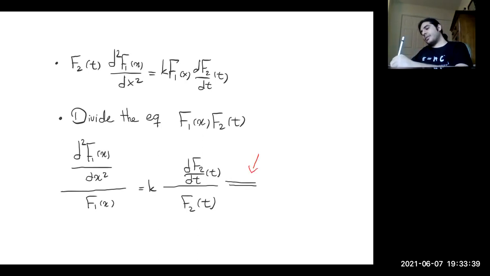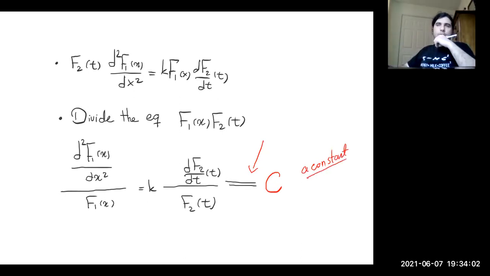I can say, I'm assuming this is a constant. Does anyone know why I can assume this is equal to a constant? There is a reason why I'm assuming that if these two things are equal, they can be equal to a constant. We did this in the previous solution too. Why is that? Why can I assume this is equal to a constant?